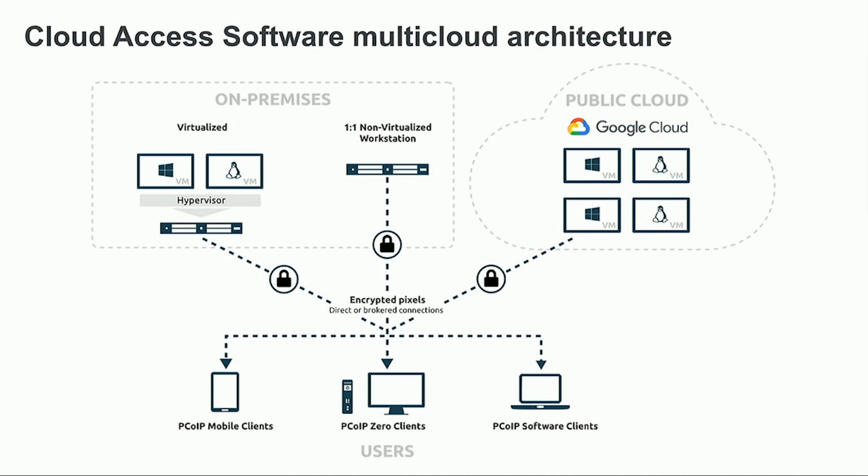So those are the choices. For example, for education, they might be using a Chromebook to connect to Autodesk AutoCAD or something running in the public cloud. So they're using a simple Chromebook to do that sort of high-intensity work.